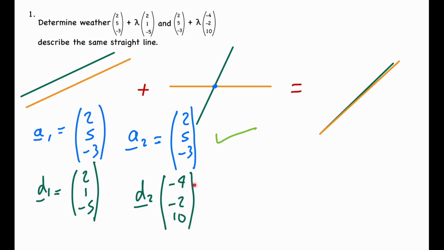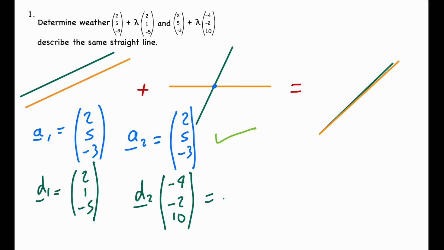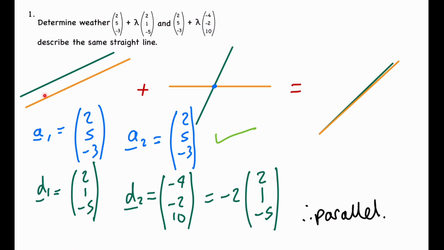If we take out a scalar from this, we can simplify it to -2 times (2, 1, -5). So d2 is a multiple of -2 of d1, because (2, 1, -5) is the same for both. So we can prove that these two are parallel. Because they're both parallel and they intersect, they are the same line. So the answer to this question is yes, they are the same line.